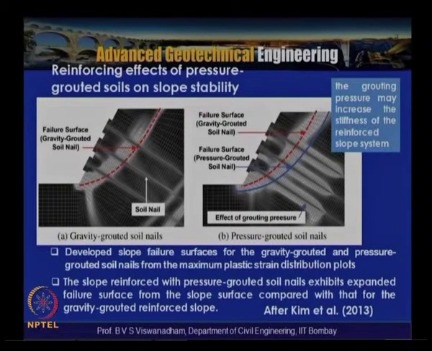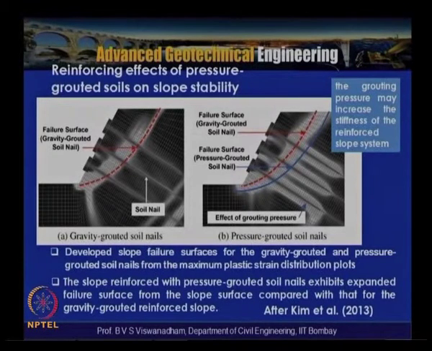So these failure surfaces were developed for the gravity grouted and pressure grouted soil nails from the maximum plastic strain distribution plots, and the slope reinforced with pressure grouted soil nails exhibits an expanded failure surface. The failure surface was found to move towards the passive zone or stable zone, compared to that of the gravity grouted reinforced slope. The grouting pressure may increase the stiffness of the reinforced slope system.